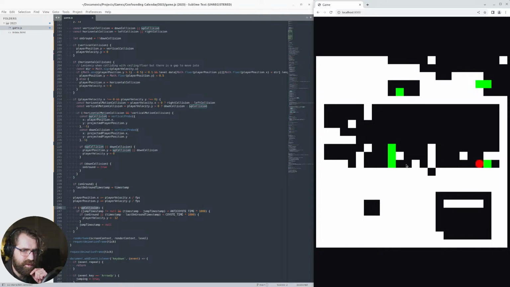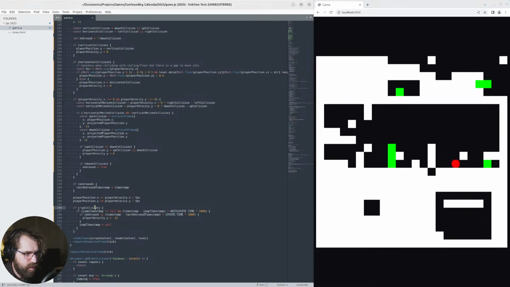Oh, I wonder if the jump is happening. Oh wait, what's going on? Why have I got the thing twice? Oh, it's the coyote time, of course. That's fine. So if there's no up collision, I bet it happens sometimes. No? Maybe not.